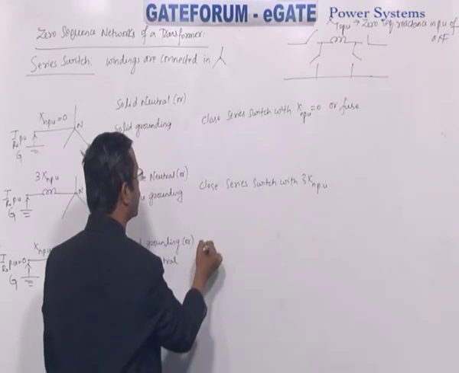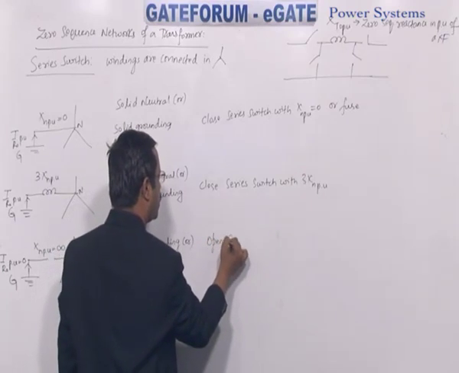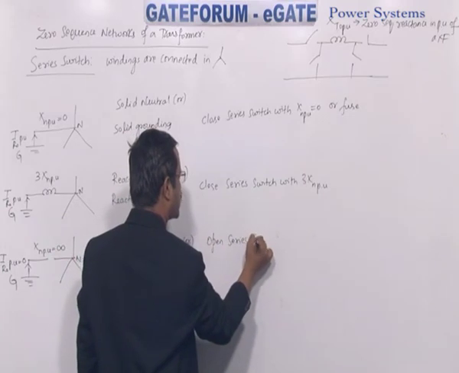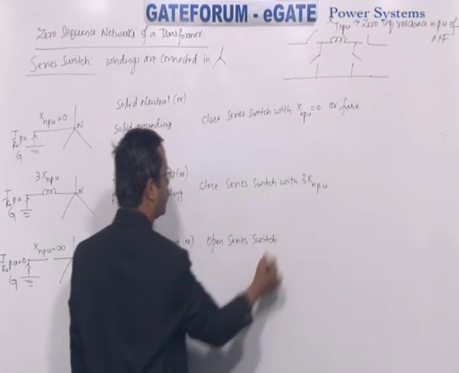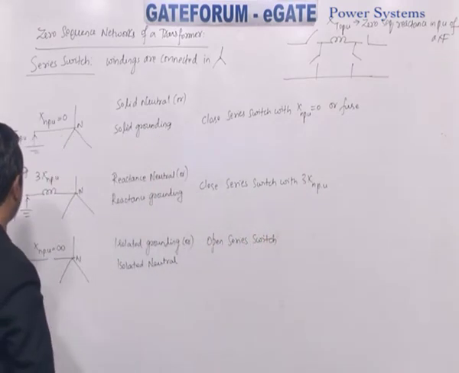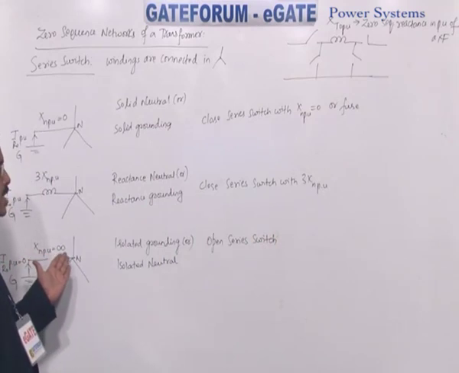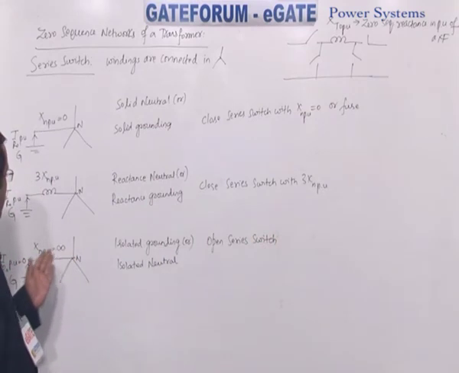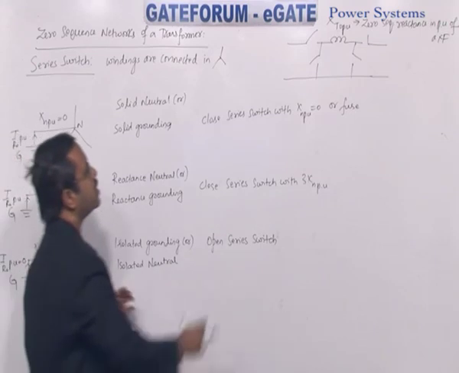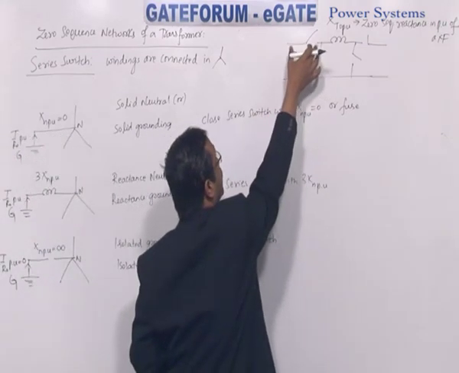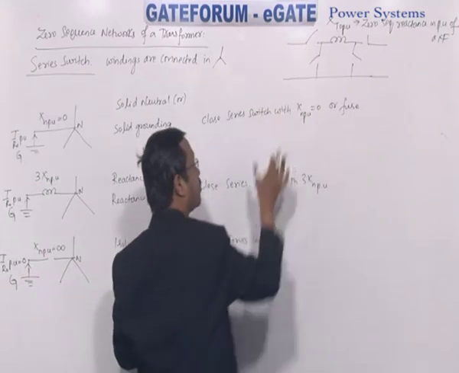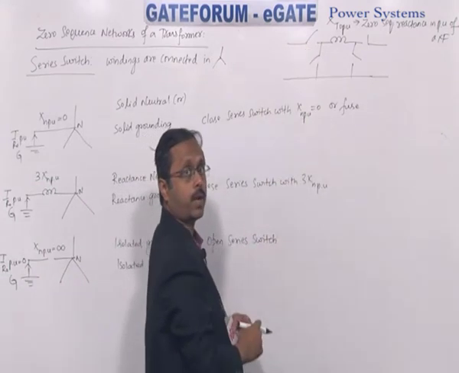So for isolated grounding, what you do now? You mention that the series switch must be opened, because there is no path for flow of zero sequence current. Zero sequence current cannot flow when the series switch is opened.